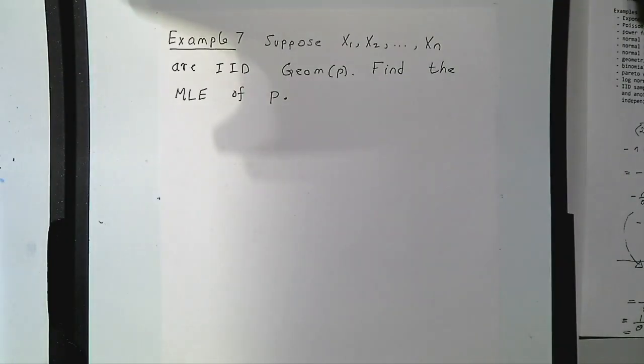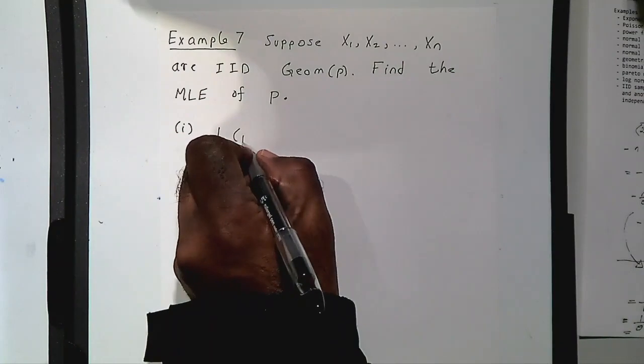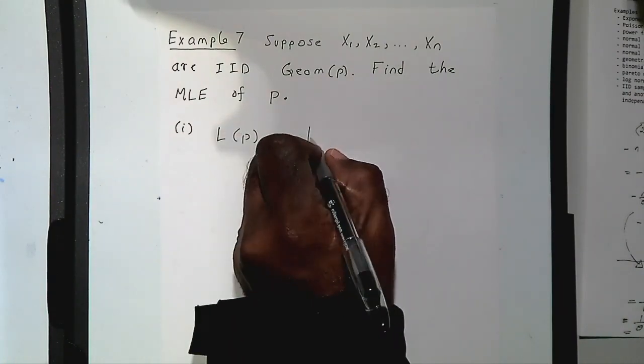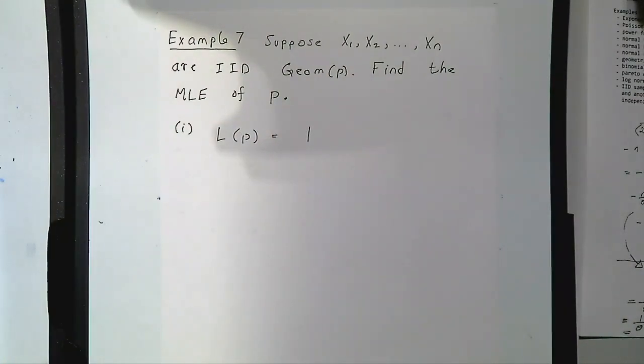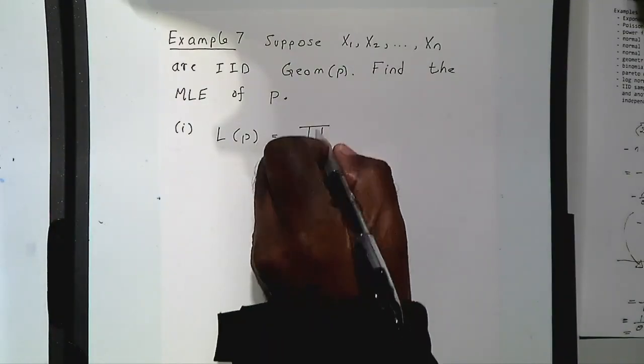Please listen. Here in example 7, we have a random sample from a geometric distribution with parameter p. We want to find the MLE of p. The first thing to do is to write down the likelihood function, which in this case, because you have n data points, you have to take the product, i from 1 to n.